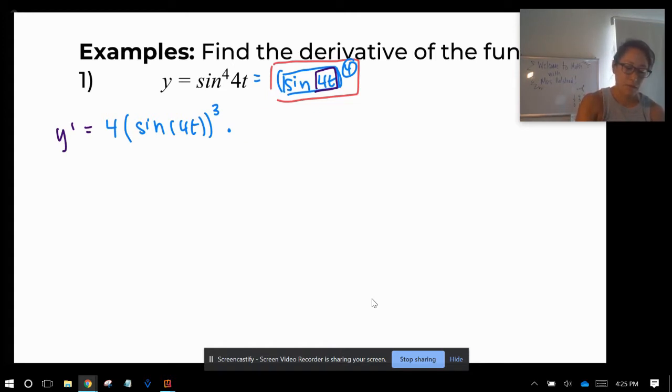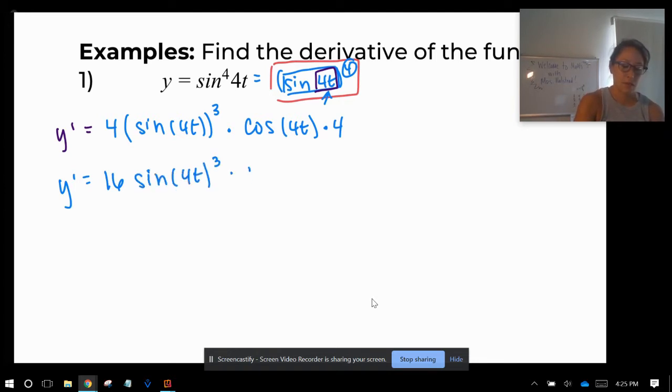And then the innermost part, the purple part, is times 4. So we go ahead and simplify: 16 sine of 4t cubed times the cosine of 4t.